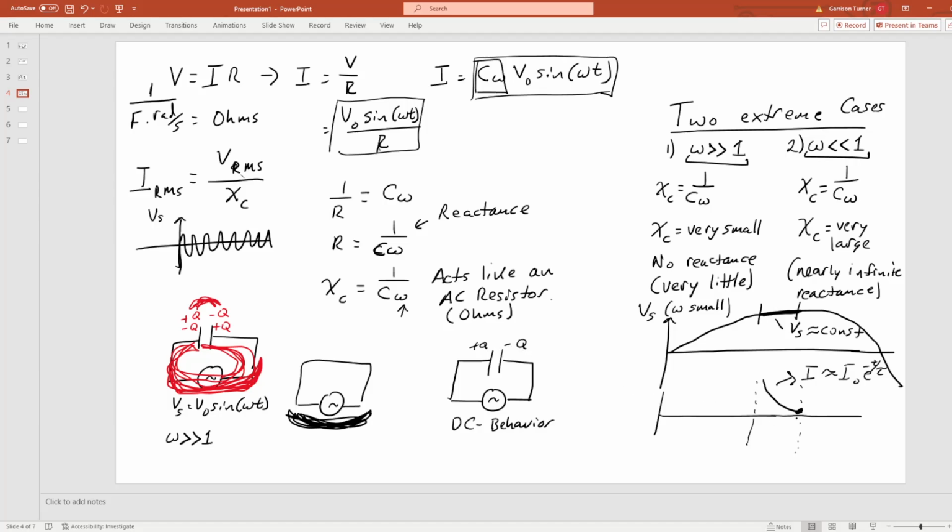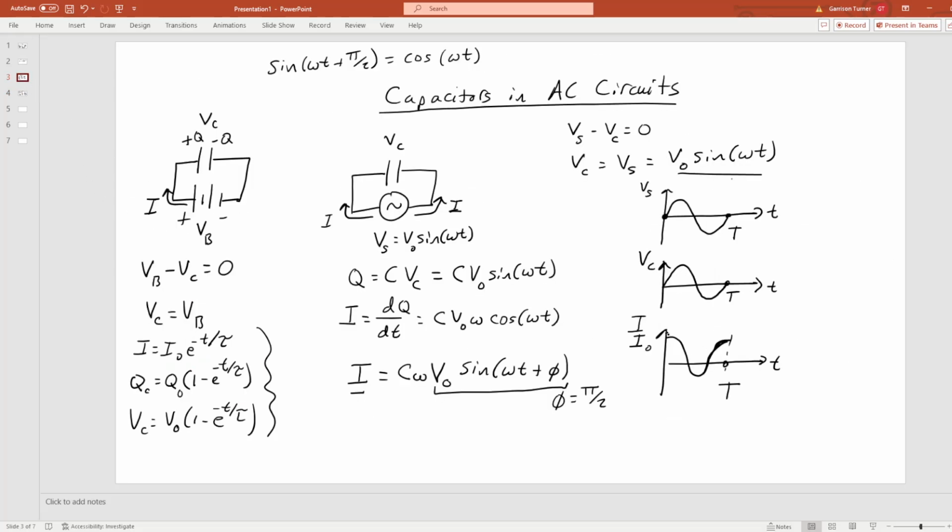And your current no longer flows. And therefore, if your current isn't flowing, your reactance is nearly infinite. Okay? So, when you have a capacitor in an AC circuit and you only have a capacitor, then your current will lead your potential across the plates by 90 degrees via these two relationships.